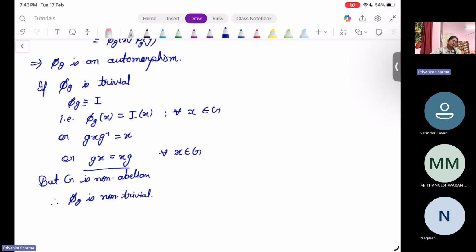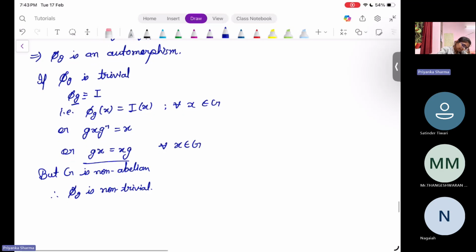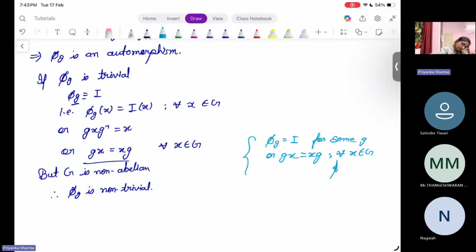Okay. See, it is possible that for some g, you can have phi g is identity, but not for all. Okay. I'm saying that it can be true that phi g is identity, or gx is xg for all x belongs to G for some g.